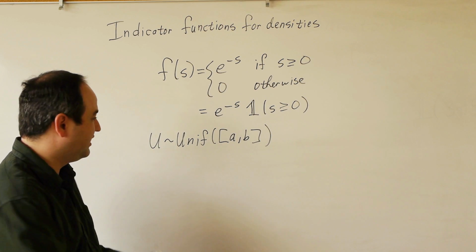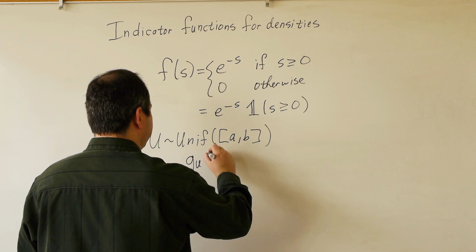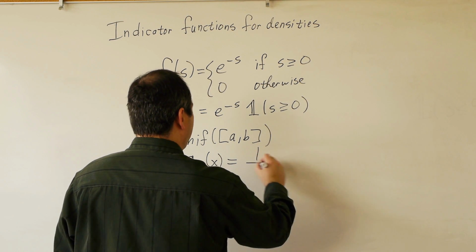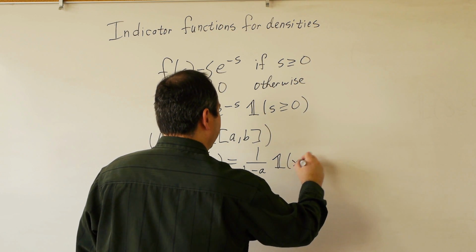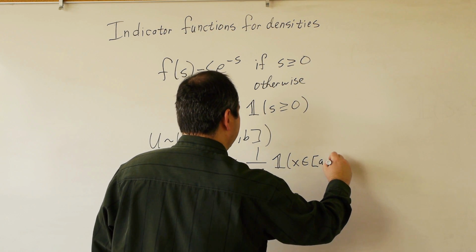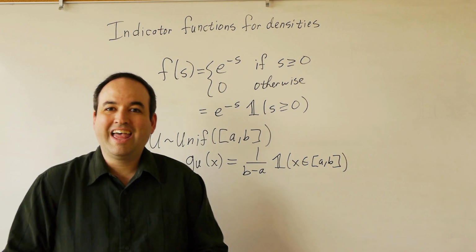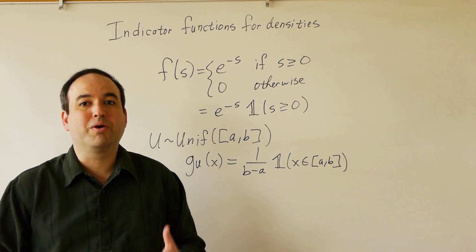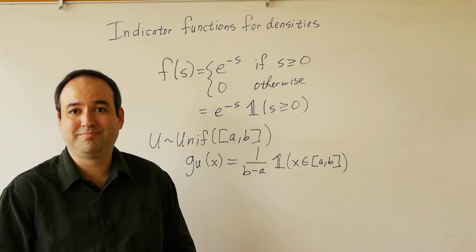We can write that using indicators as the density of this random variable u at x is equal to 1 over b minus a times the indicator that x is in the closed interval from a to b. That gives us a nice way of describing densities where we don't have to worry about using 2 different lines.